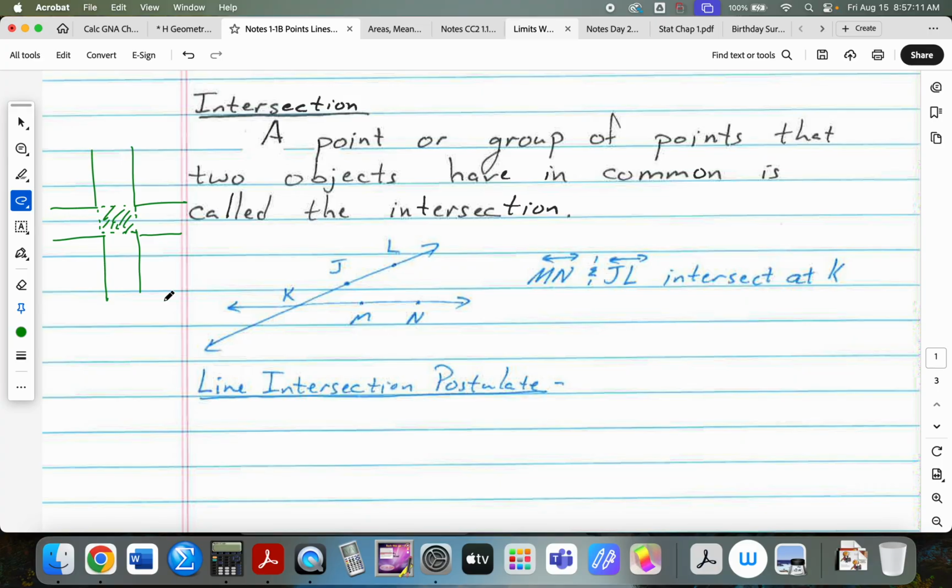I'll give you a different example. Everyone who is taller than, say, 5'7", stand up. All right, thank you. You may sit down. And now everyone who's wearing a black shirt, stand up.